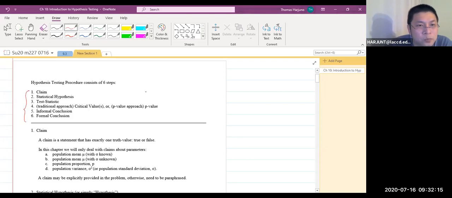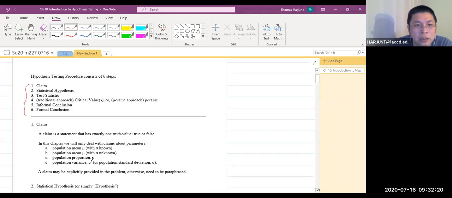Now, the first step is about the claim. A claim is a statement that has exactly one truth value, either true or false. In this chapter, we will only deal with claims about parameters: population mean, population mean with sigma unknown, population proportion, population variance, or population standard deviation.